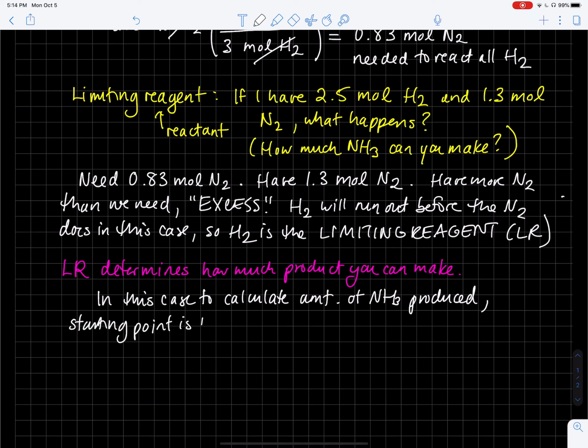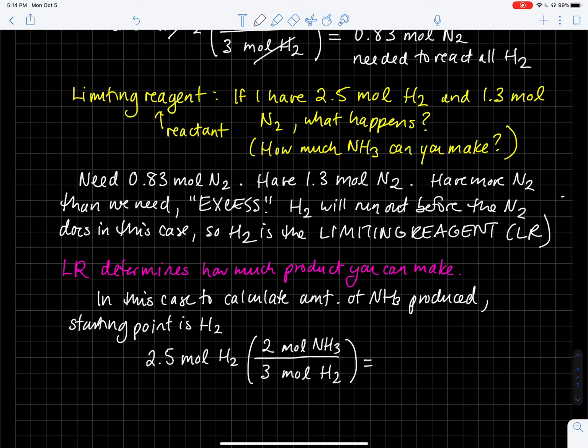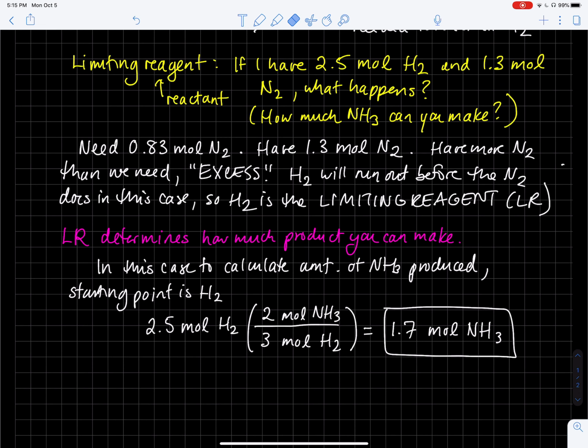So in this case, the starting point is the H2. We start with 2.5 mole H2. We see that we make 2 moles of ammonia for every 3 moles of H2. And if you multiply that out, you get with 2 sig figs that you will make 1.7 mole of ammonia. That's what you get when you mix 2.5 moles H2 and 1.3 mole N2. It's also what you'd get if you mix 2.5 moles H2 and any excess of N2.